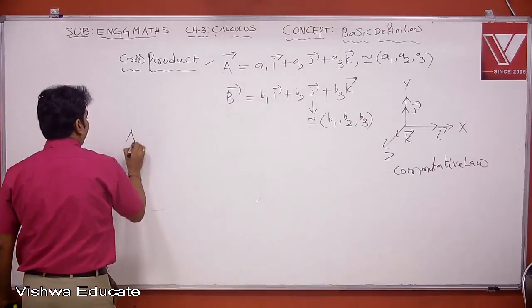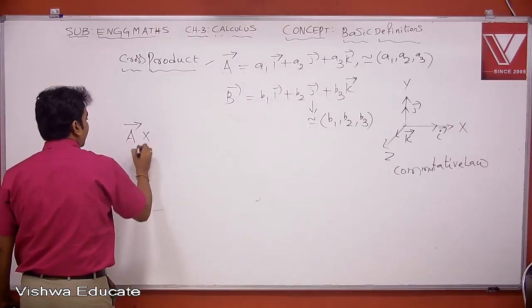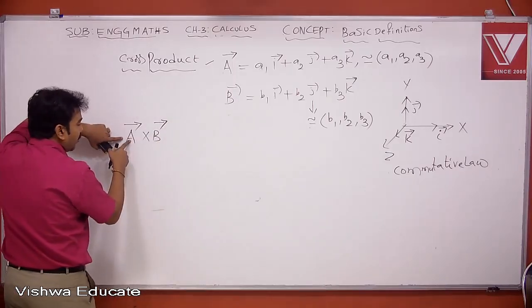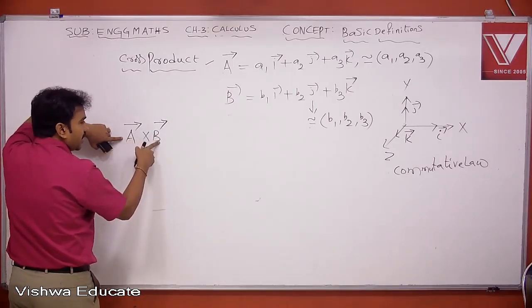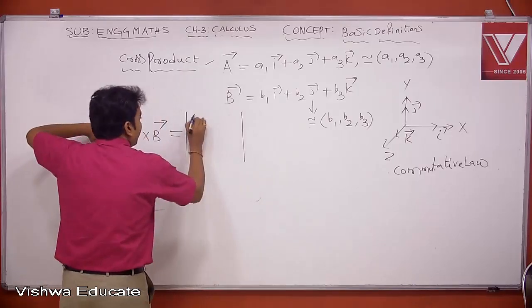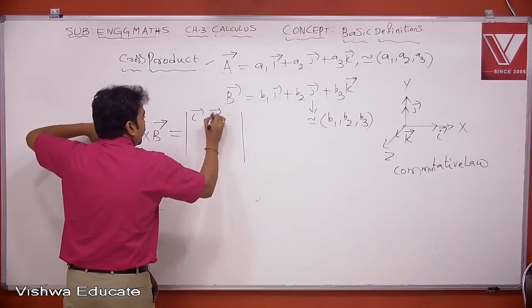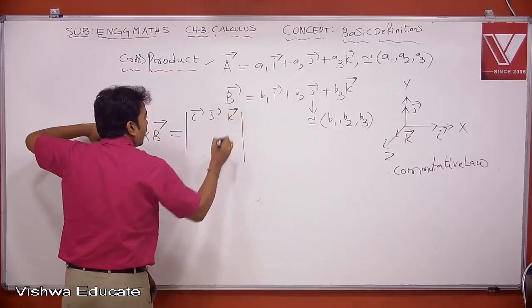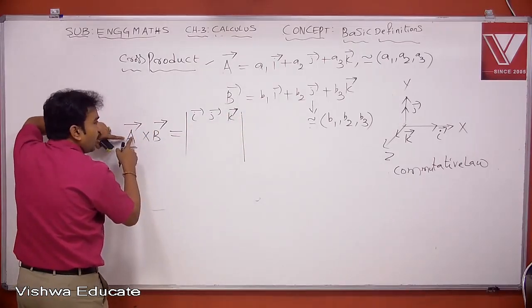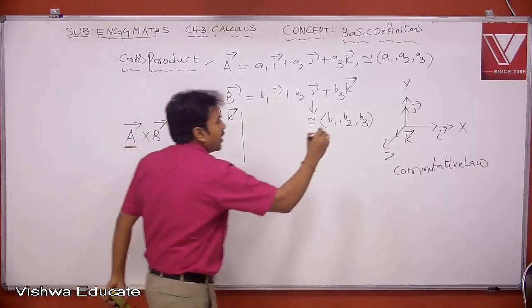The cross product of these two vectors is denoted by A bar cross B bar. Here sequence is important. When you write A bar first, B bar second, then this result will be a 3 by 3 determinant. The first row is unit vectors I bar, j bar, k bar. The second row is components of first vector, A1, A2, A3.